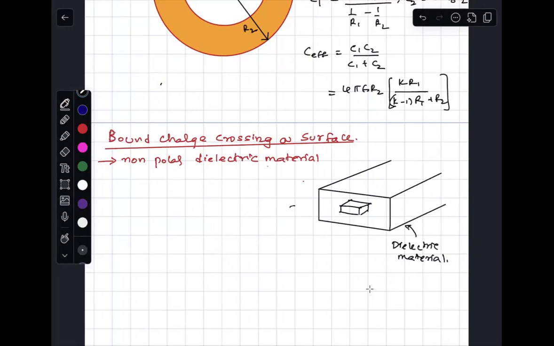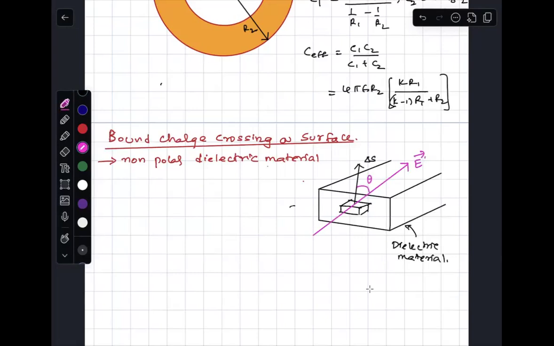For this elemental area, normal is in this direction. You know already normal is always perpendicular to the surface. And in this region, you have electric field E bar making an angle theta with this normal.